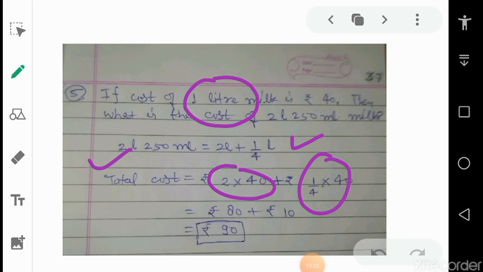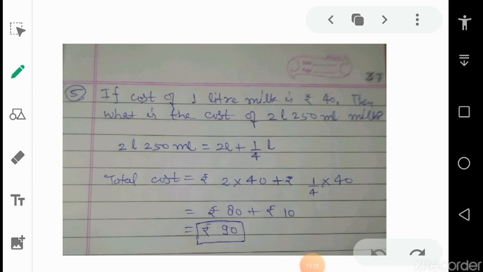Next question is also important. See this again. The cost of 1 liter milk is given, and we want to find the cost of a given quantity. Then it is the case of multiply, and we can break the amount of the milk as 2 liter plus 250 milliliter, but milliliter should be converted into liter because the cost of 1 liter is given.